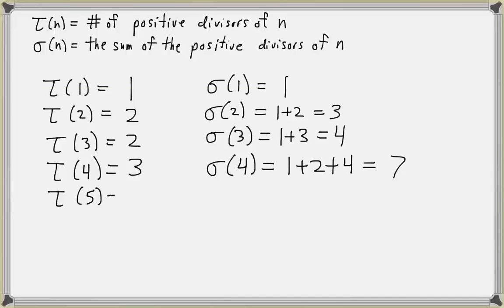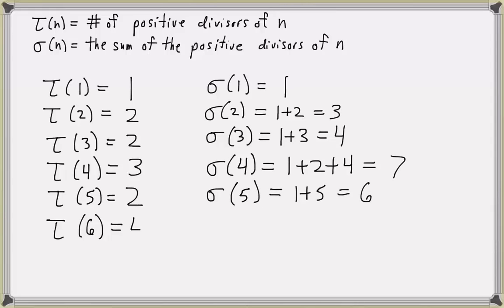Tau of 5, again, for any prime, we see that tau of a prime would just be 2, and sigma of 5 would be 1 plus 5, which is 6. One more example, tau of 6 would equal 4, and sigma of 6 would equal 1 plus 2 plus 3 plus 6, which is 12.